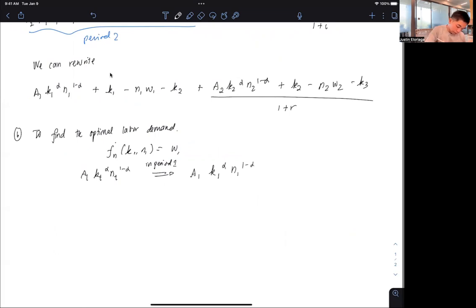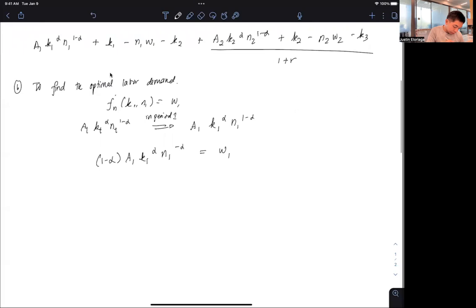So we're going to differentiate this with respect to N, and what we get is (1 minus alpha) A1 K1^alpha N1^(negative alpha) equal to W1. If we simplify this, we get (1 minus alpha) A1 K1^alpha divided by N1^alpha equal to W1.